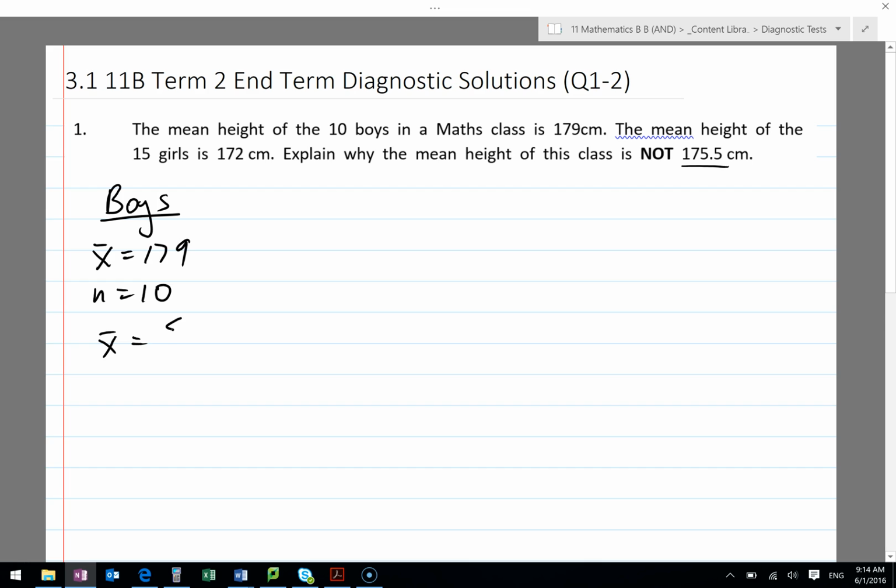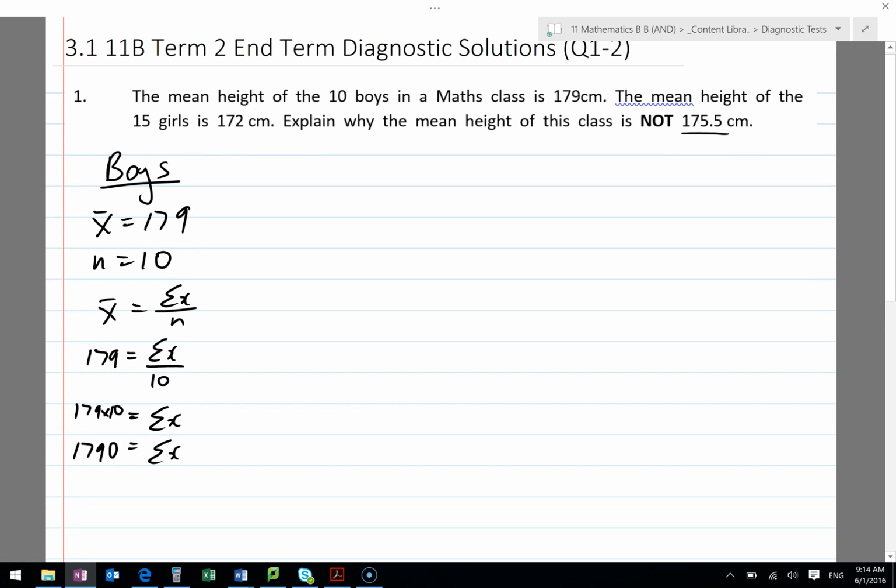Using my formula for mean, I should be able to substitute in the values that I know, and solve for this total sum of scores. So if we lined all the boys up together, they would be 1,790 centimeters long.